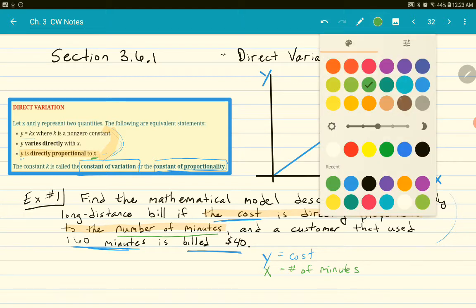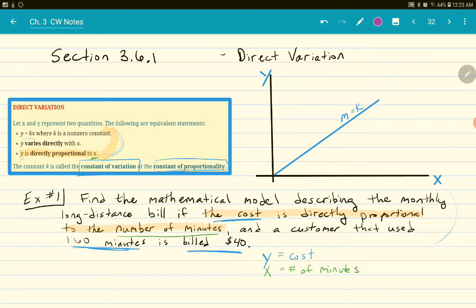So k will be the constant of proportionality that tells us how much the bill goes up with every additional minute. That is your slope. It's the additional cost for every minute. It's the cost per minute.